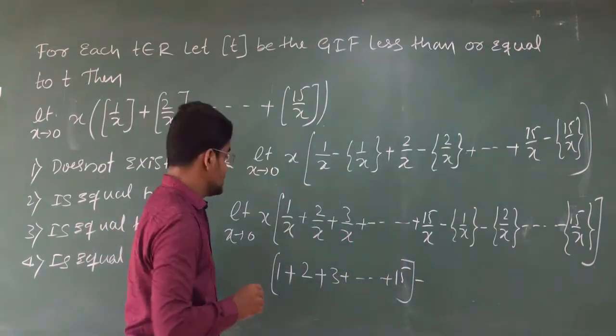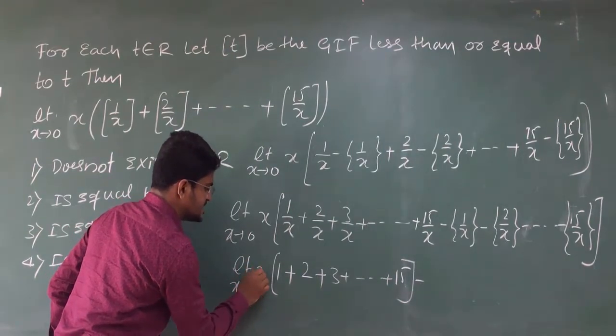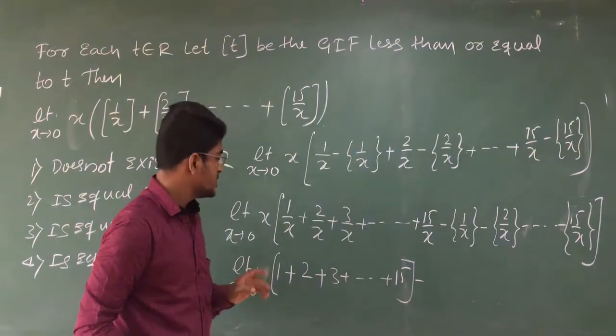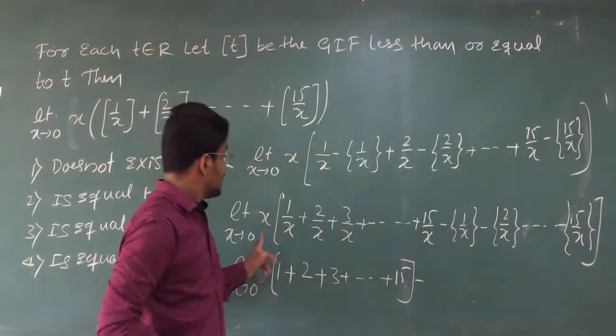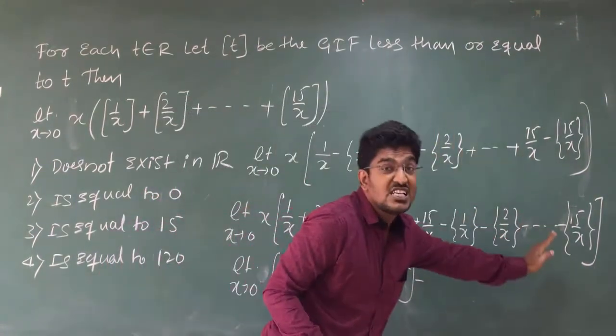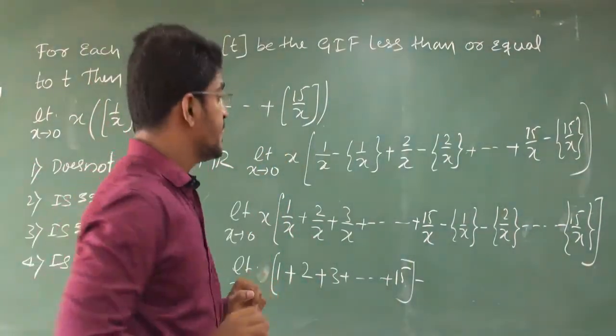Minus, see, this limit extending to 0 I am going to write as it is. So now this x is simplified for these 15 terms. Next x into minus 1 by x, x into minus 2 by x, x into minus 15 by x, they are in the form of fractional, no problem.